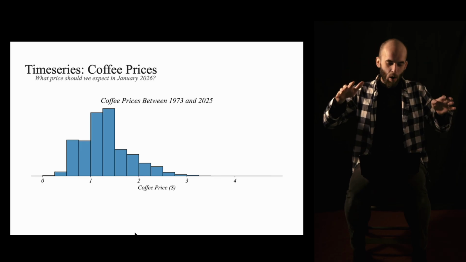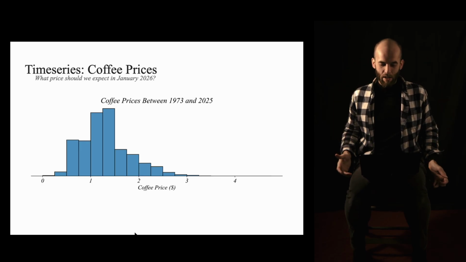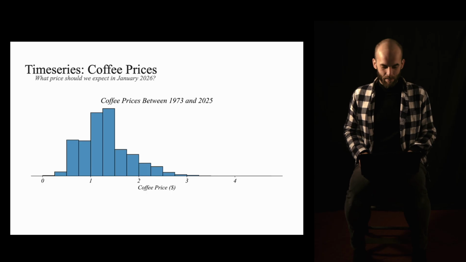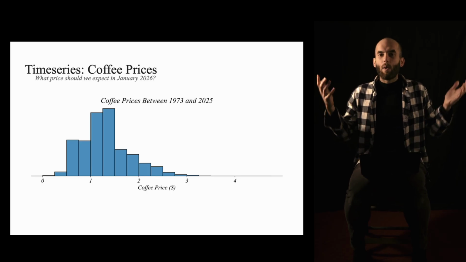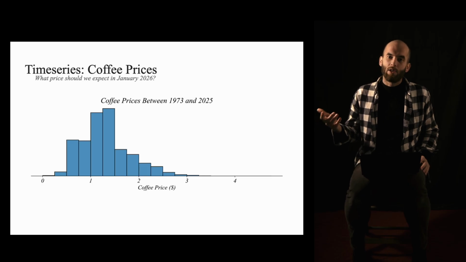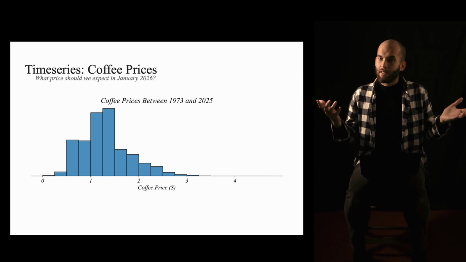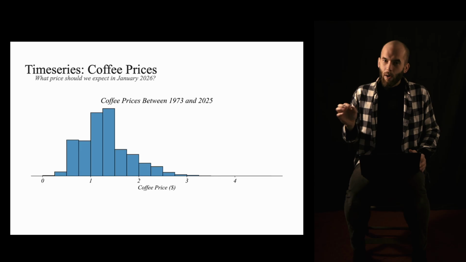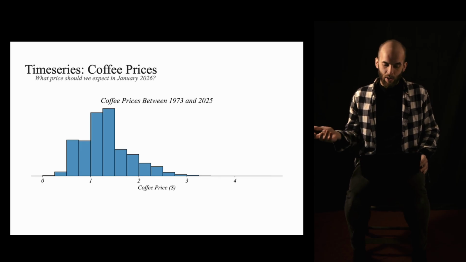And I have this data set going all the way back to 1973, up until basically the present. It's nice, it gives us a good indication of the distribution of prices. But for our question, this doesn't give us a lot of useful insight.